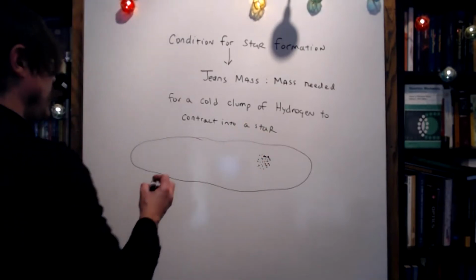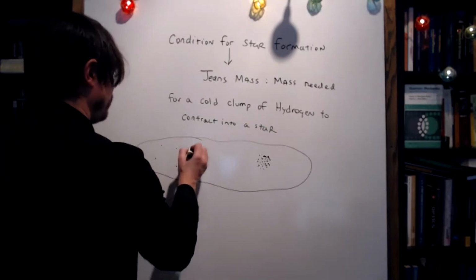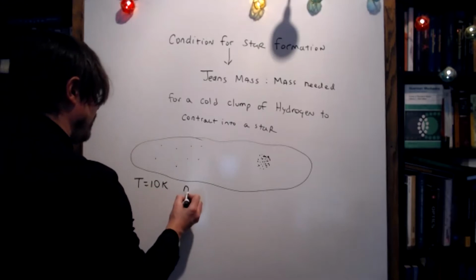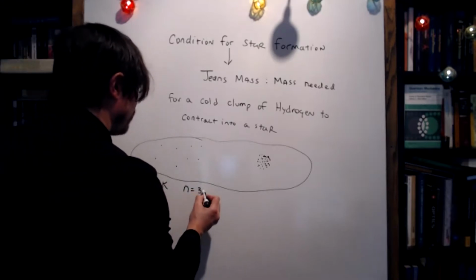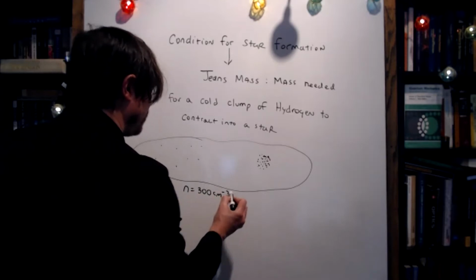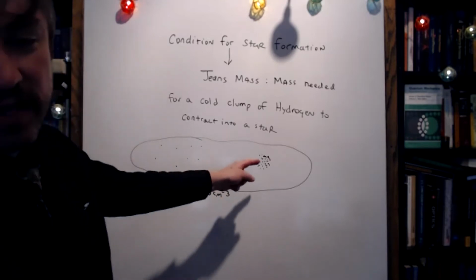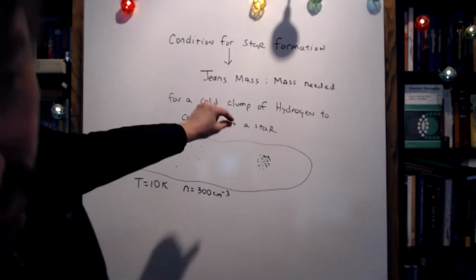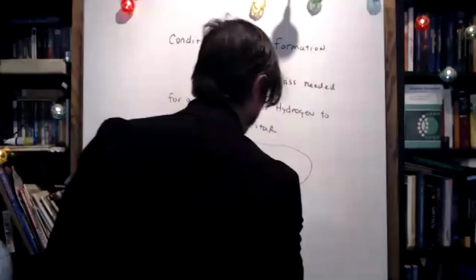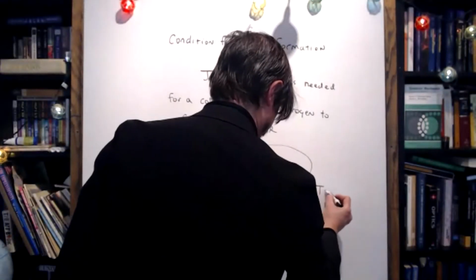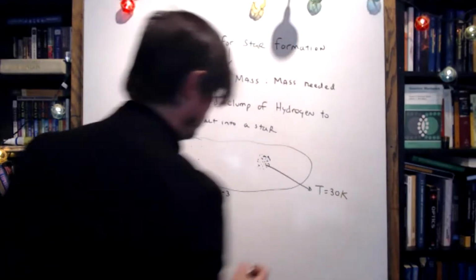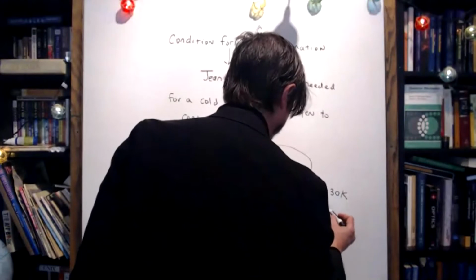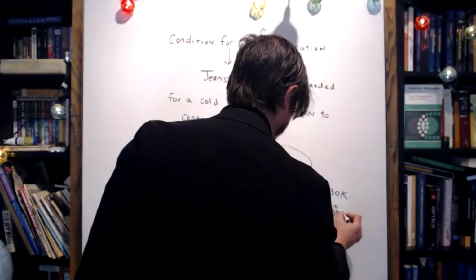For instance, typically the gas particles in the cloud, as I mentioned earlier, might have a temperature of 10 Kelvin and a number density of 300 particles per cubic centimeter. However, if dust grains allow these molecules to join together and they radiate away some energy, we can have conditions where temperatures go up to 30 Kelvin, but the number densities increase to, I don't know, 10 to the 5 particles per cubic centimeter.